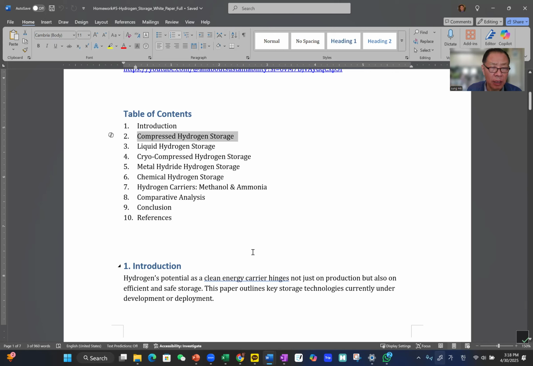That is being used in the Nexo. So compressed hydrogen storage again is the most widely used.